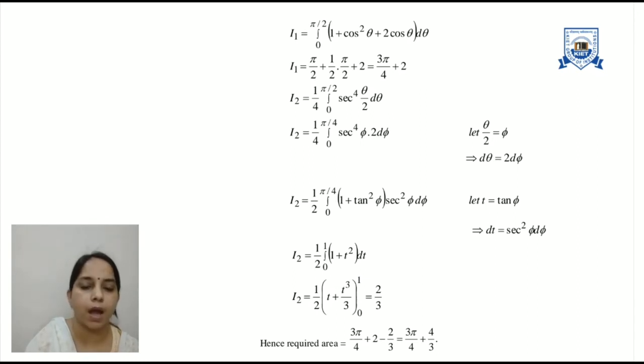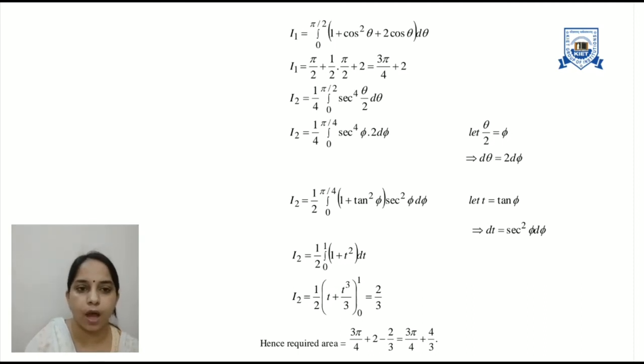Now I am again applying the method of substitution. Let t equals tan phi, so that dt equals sec square phi d phi, and changing limits for t accordingly, we get limits from 0 to 1, and after integrating this I get I2 as 2 by 3.